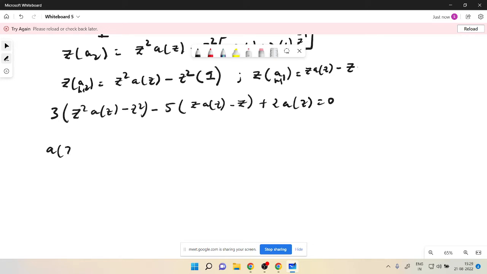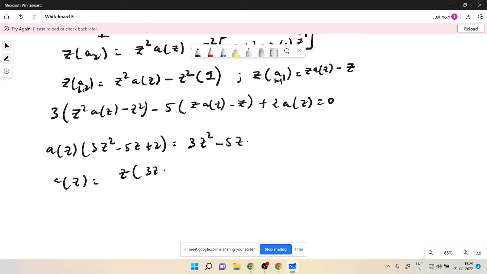So now you have A of z into 3z square minus 5z plus 2 equals 3z square minus 5z, right? So A of z equals z into 3z minus 5 whole divided by 3z square minus 6z plus z plus 2.